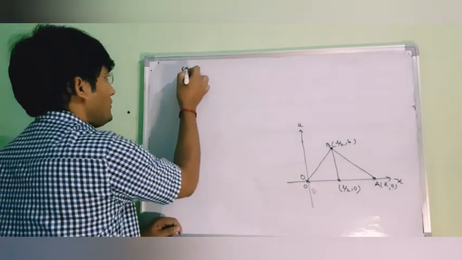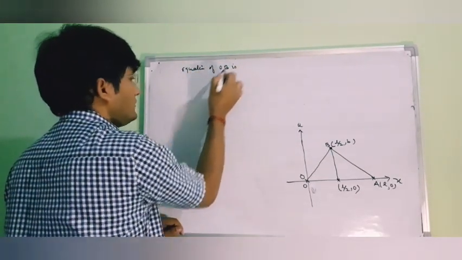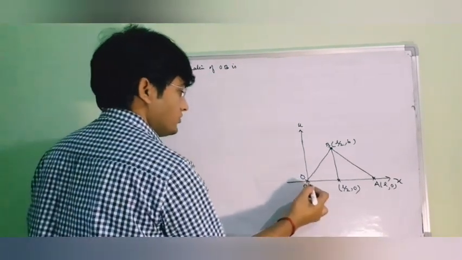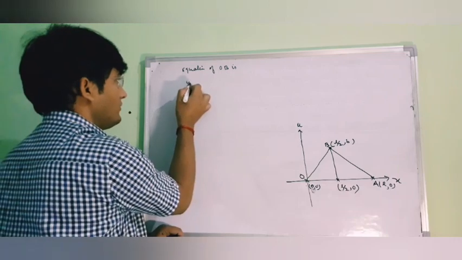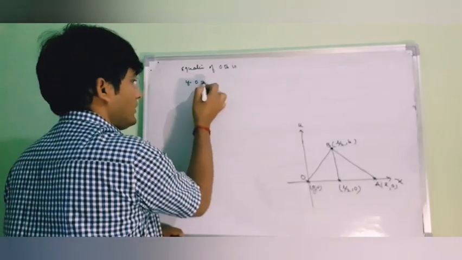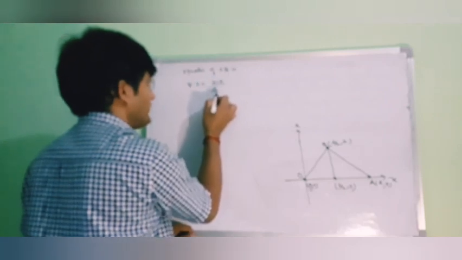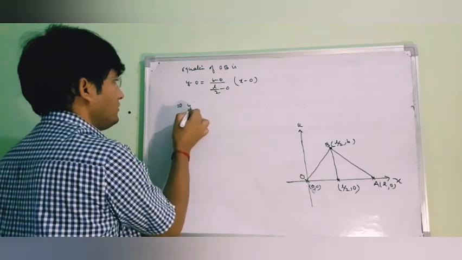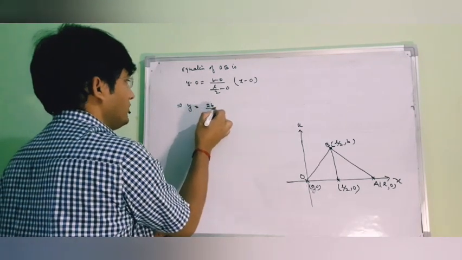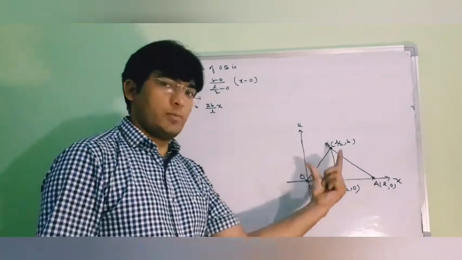The equation of OB, this is your origin, is y minus y1 equal to y2 minus y1 upon x2 minus x1 into x minus x1. So from here we will get y equal to 2b upon L into x. So this is your displacement OB.